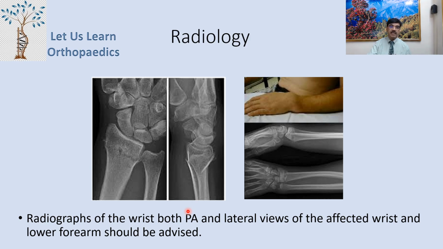Please remember, we are advising a posterior anterior view and a lateral view of the affected wrist. Now, why PA view? Because keeping the forearm in that particular position is easier than keeping it in AP view.